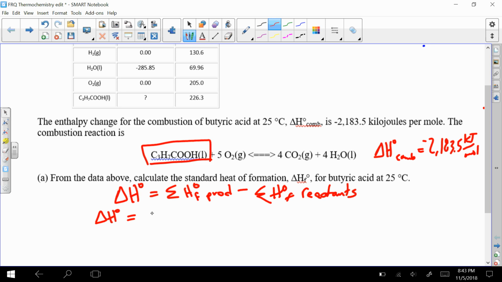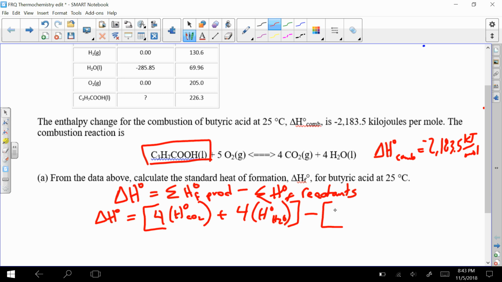But let's look at the products. We want the sum of the enthalpies of the products. And the products, we have 4 carbon dioxide. So we want 4 times the H naught of carbon dioxide plus 4 times the enthalpy of formation of water. These are our 2 products. Now we're going to subtract from that the enthalpy of formation of the reactants.